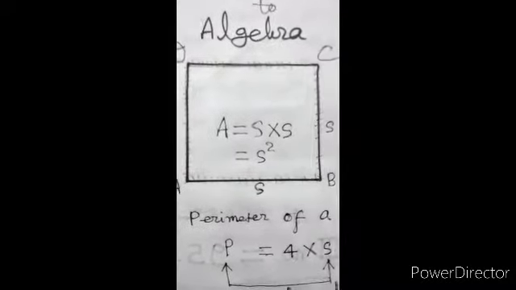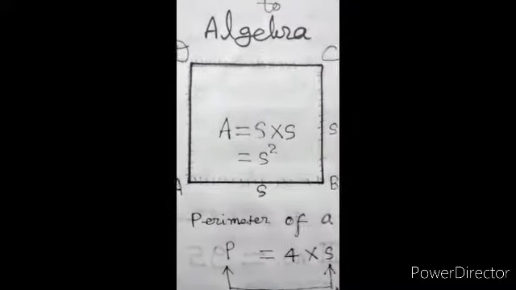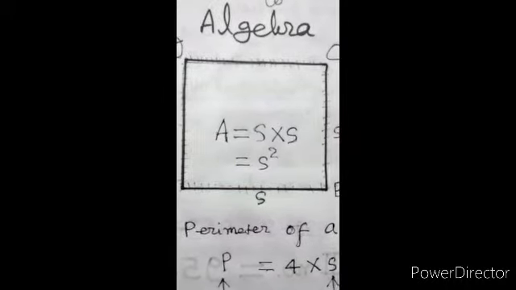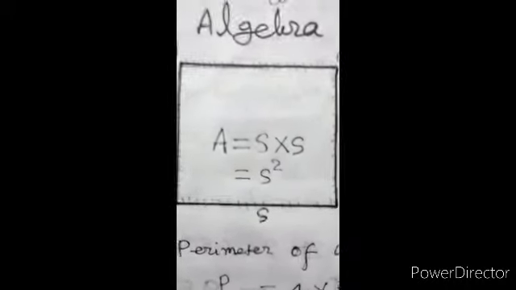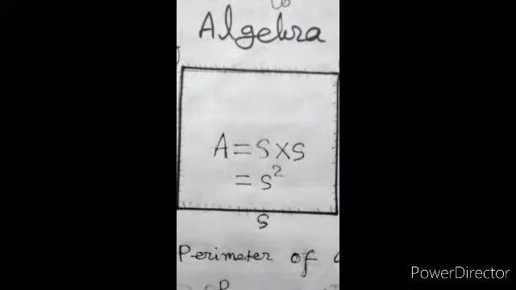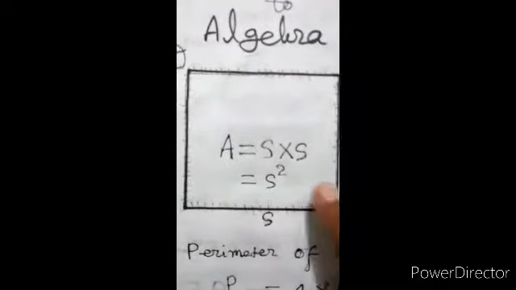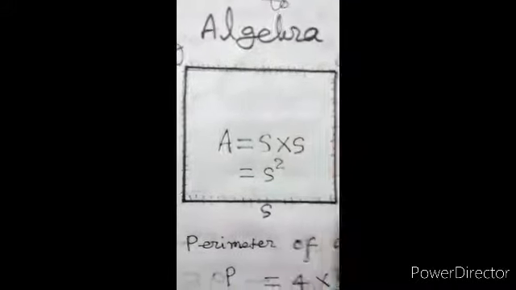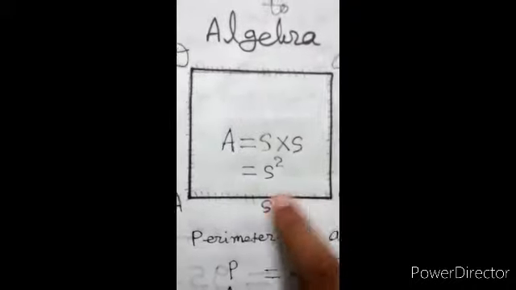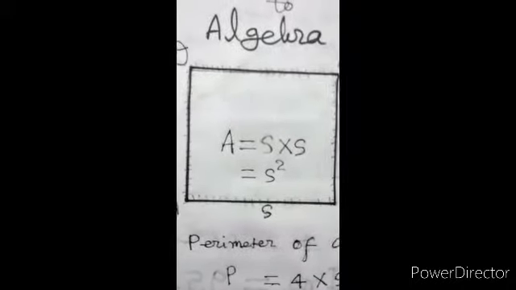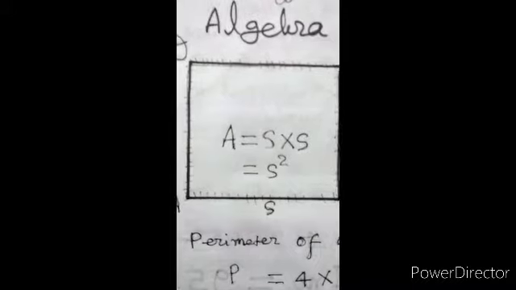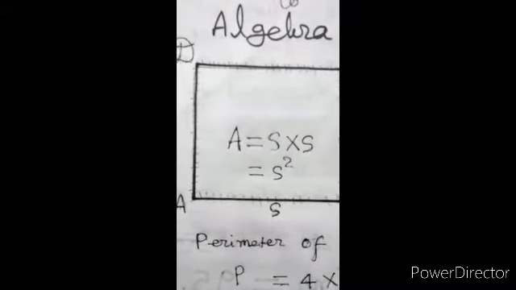As we know, its area is side into side. This is in product form. S into S is in product form. When we write it as S square, this is called exponential form.